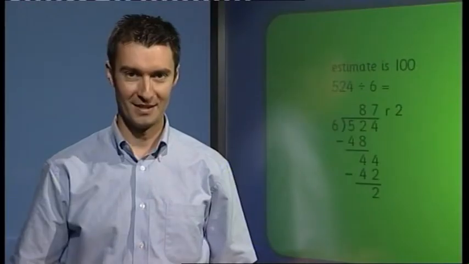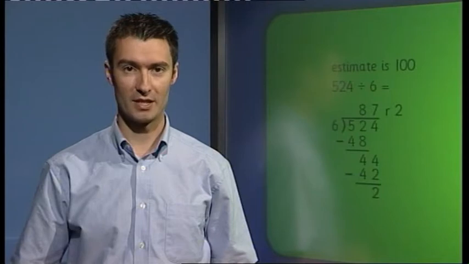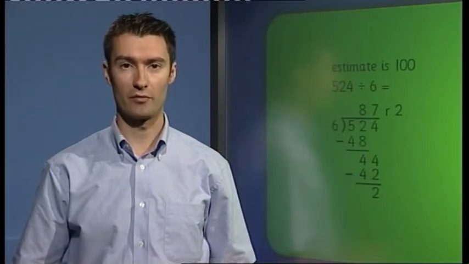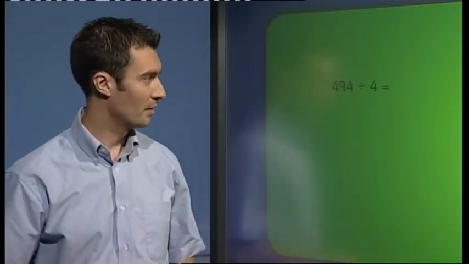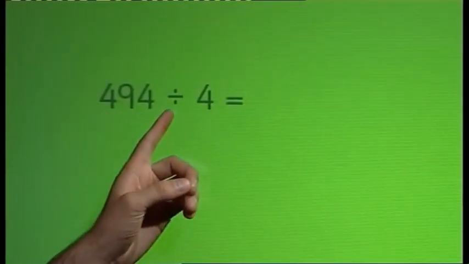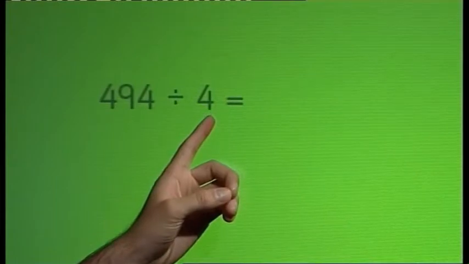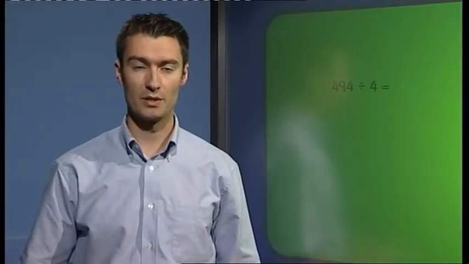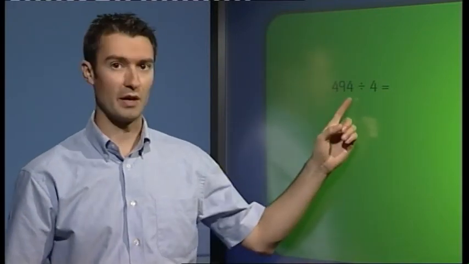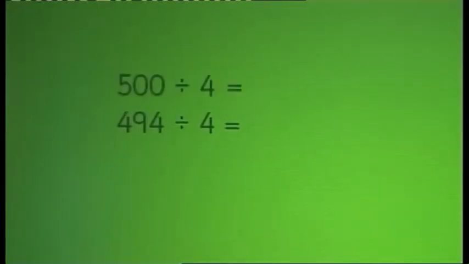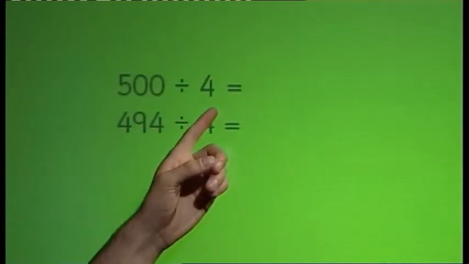So we've done it. Now, I'm going to do another one of these, and this one will show you how really powerful short division can be. Here's the sum. 494 divided by 4. And we haven't done this one before, so we do need an estimate. And I'd say that 494 divided by 4 is about 500 divided by 4.